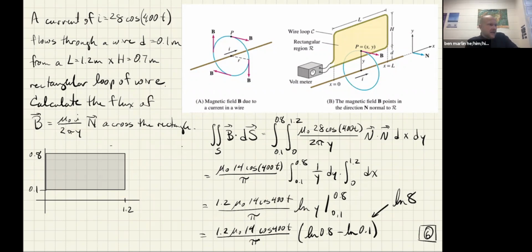And looking at the example in the textbook, they end up with 1.4 times 10 to the minus 5th cosine 400t, and the units are T times m squared. So the m squared is meters. I don't know what the T stands for. So Teslas, I guess.